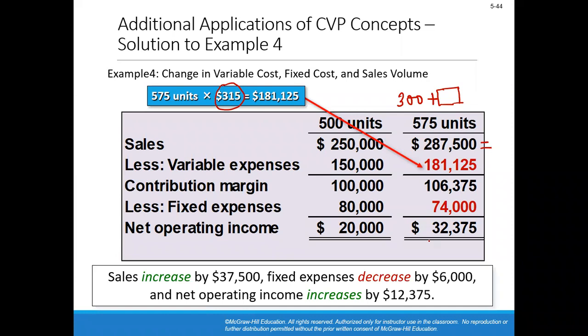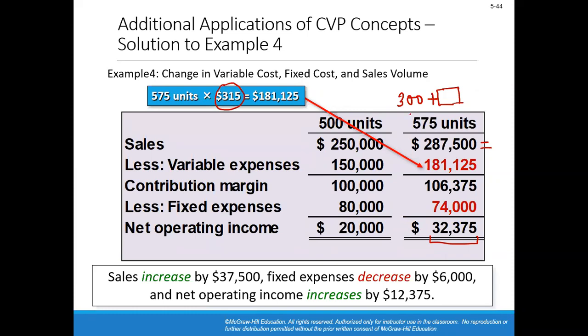We see that our profit is now 32,375. So these are good things: if we can increase our variable cost per unit and reduce our fixed expense, we are getting so many good things.